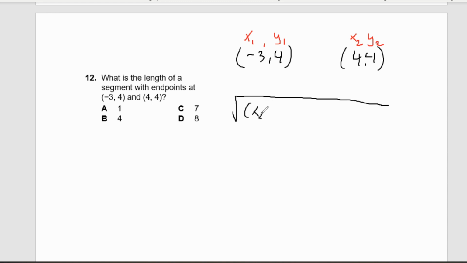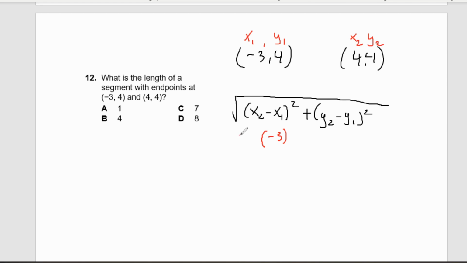And that is x2 minus x1 quantity squared plus y2 minus y1 quantity squared. And now I can just make my substitutions. x1 is -3. So I'm going to put that in parentheses just to make sure I protect this negative sign and don't get any confusion.